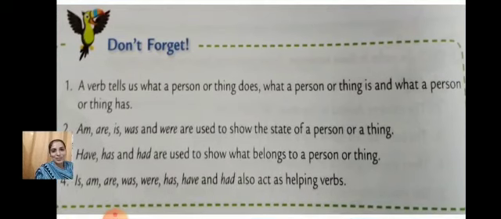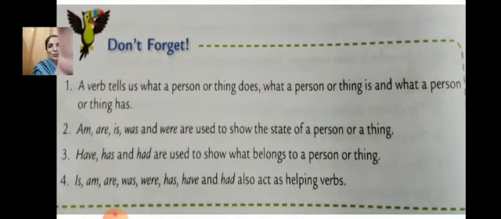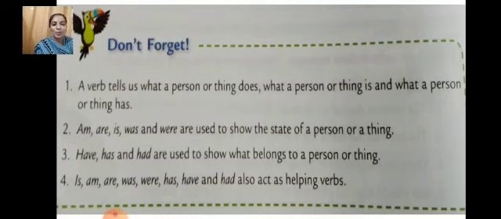Don't forget some of the tips, some of the points which you should always keep in mind. Okay, children? So what points are you going to remember forever? Number one, this is the recap of the lesson. We are going to revise it. A verb tells us what a person or thing does, what a person or thing is, and what a person or thing has. Number two, am, are, is, was, and were are used to show the state of a person or a thing.